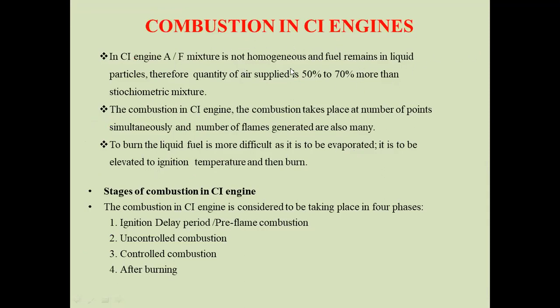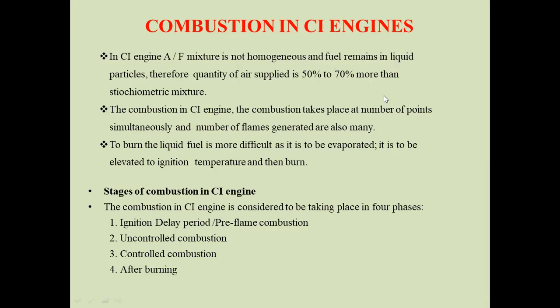In the CI engine, the atmospheric air, that is the ambient air, enters the combustion chamber during the suction stroke. The next stroke is the compression stroke, in which the inlet valve and the exhaust valve are closed.